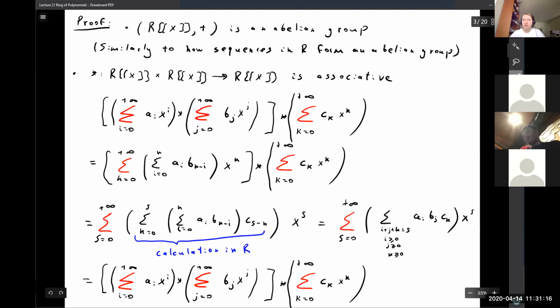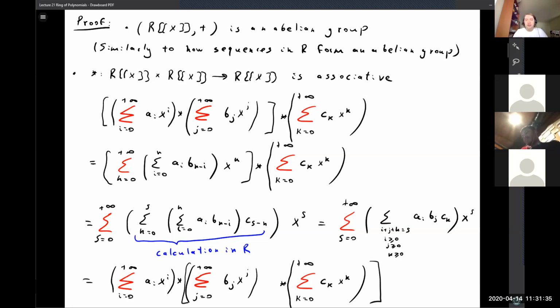So let's erase these brackets and put them in a different place. Here we go. Okay, so in both cases, you'll get the same sum.